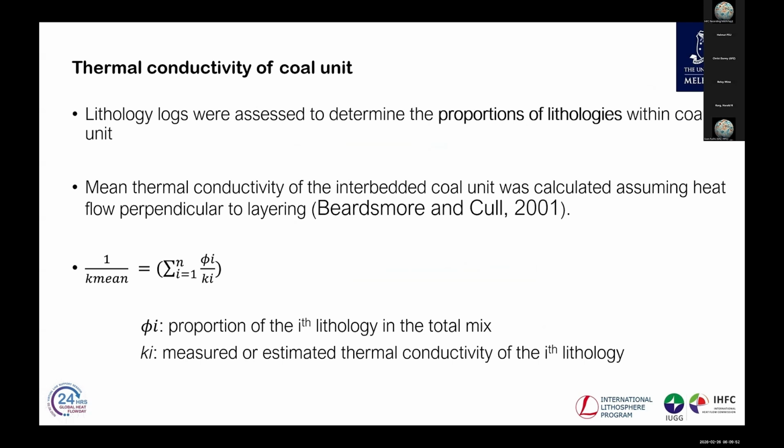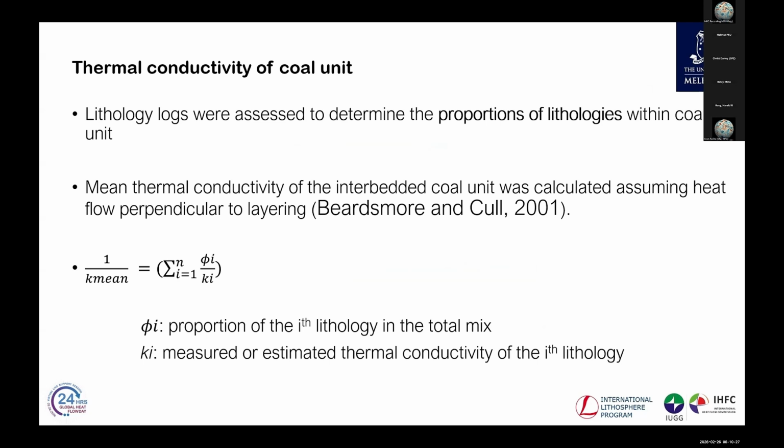And we paid slight attention to the thermal conductivity of the coal unit in the basin. This is because when we look at the composition of the coal, it is not uniform like a single coal. It comprises intercalations of different lithological units such as sand, silt, clay, and other gravels. By using lithological logs, we can easily identify the proportions of each lithology within the coal units.